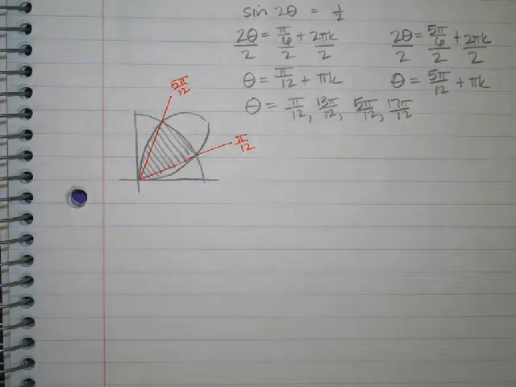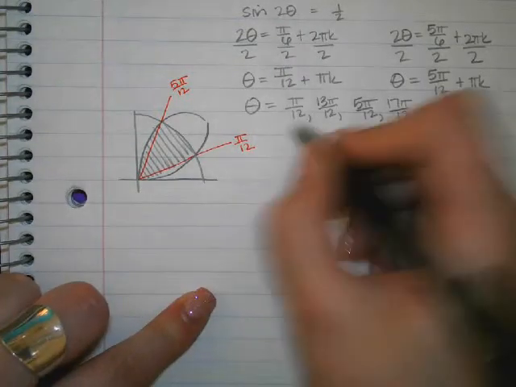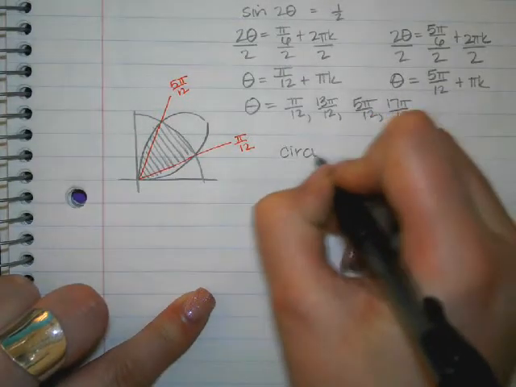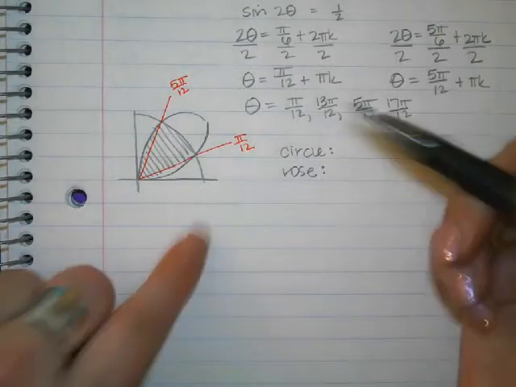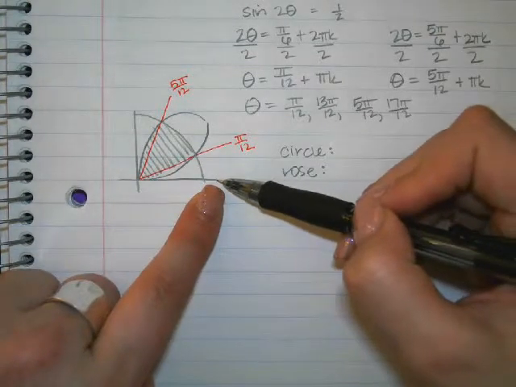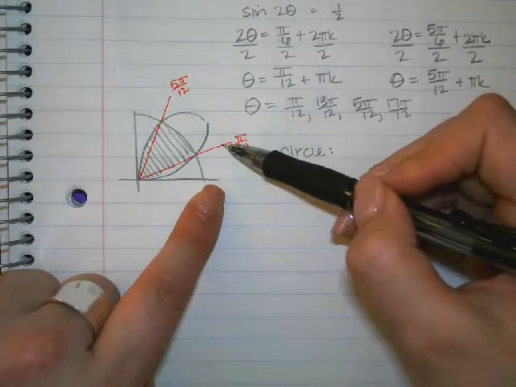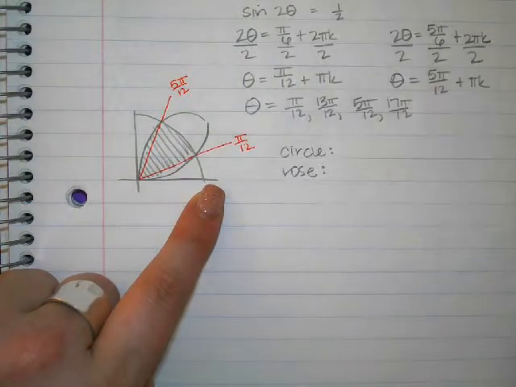So what's the next step when we do these problems? Yeah, figure out which interval we should use from the circle and which interval we should use from the rows. Okay? So I'm going to say circle, rows.